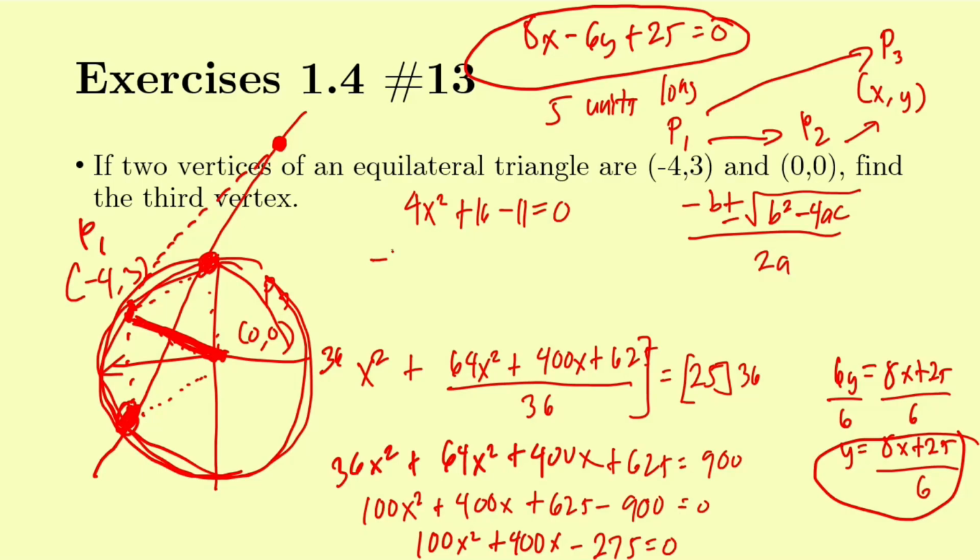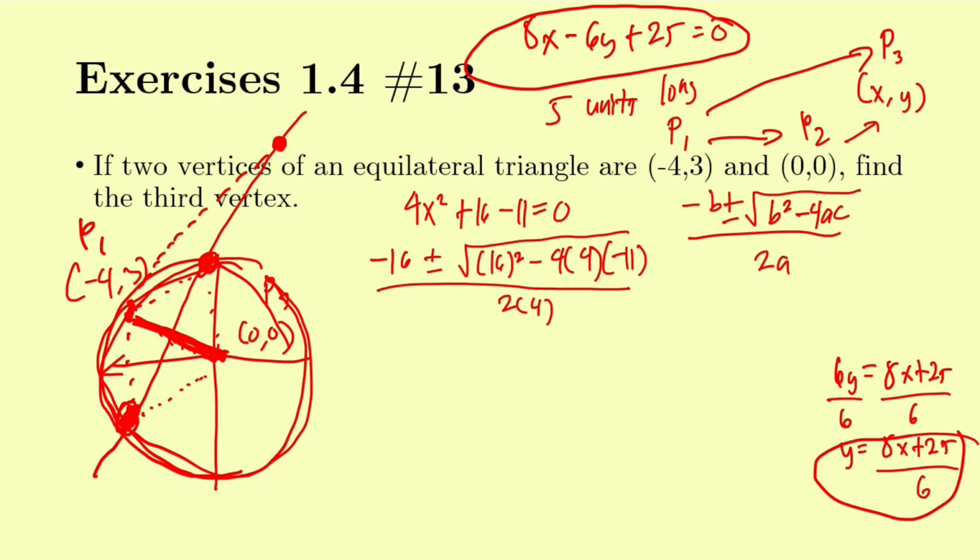So that means negative 16 plus or minus square root of 16 squared minus 4 times negative 11 all over 2 times 4. Then, this will become negative 16 plus or minus square root of 256 plus this negative 4 times negative 11, which results in positive 176, all over 8.